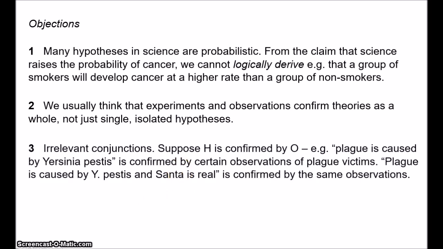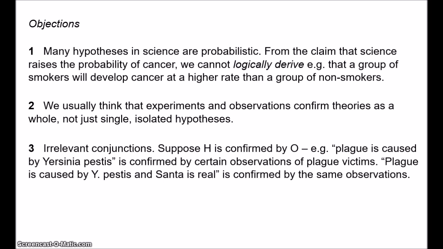A third objection is the problem of irrelevant conjunctions. Let's say we have a hypothesis, H, which is confirmed by some observation, O. The hypothesis might be that plague is caused by Yersinia pestis, and the observation might be that people who have plague are found to be infected with the bacterium Yersinia pestis, whereas this bacterium isn't present in people who don't have plague.